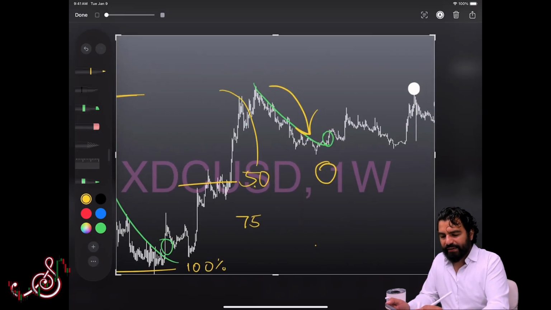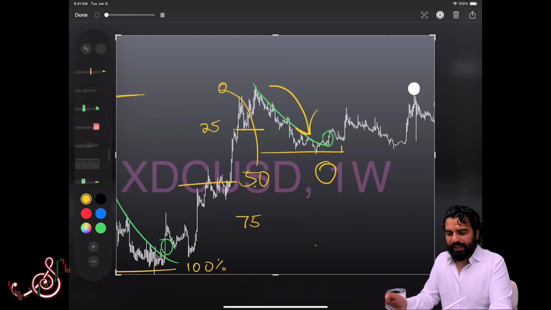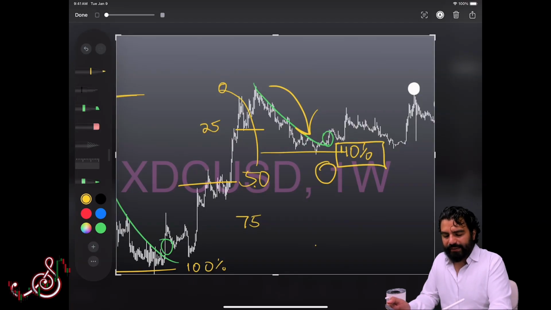What's half between 0 and 50? 25. What's half between 25 and 50? About 45, right? Maybe 40. So we're looking actually at 40% is the one that wins.